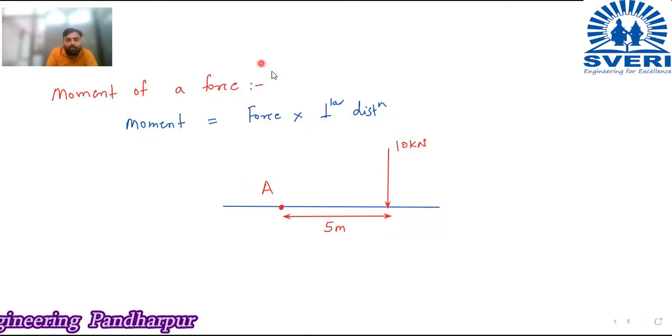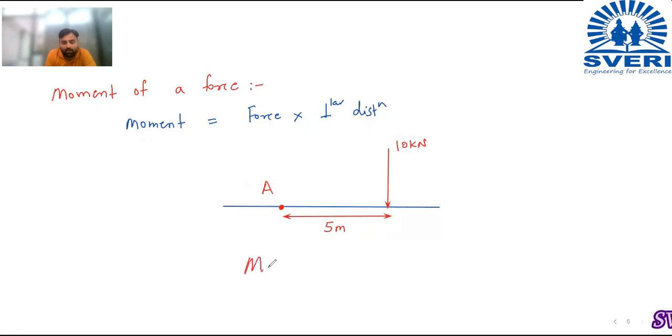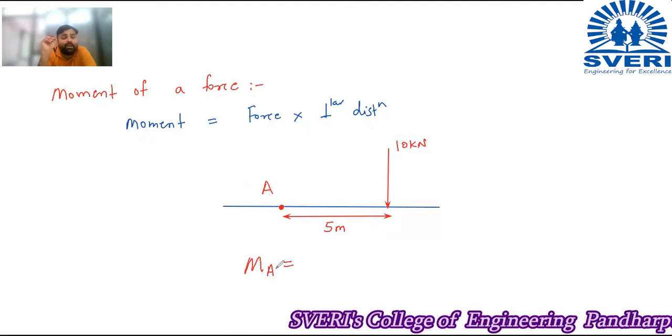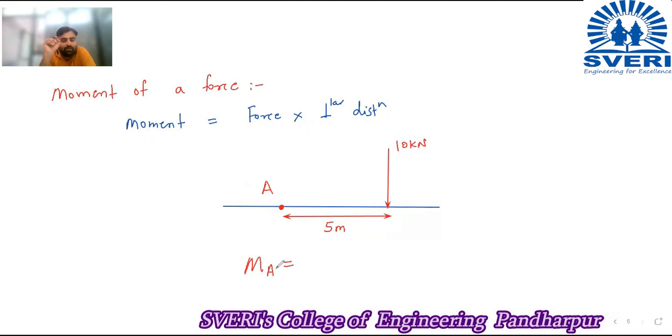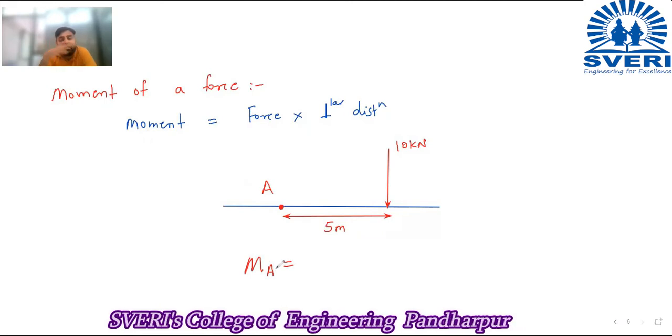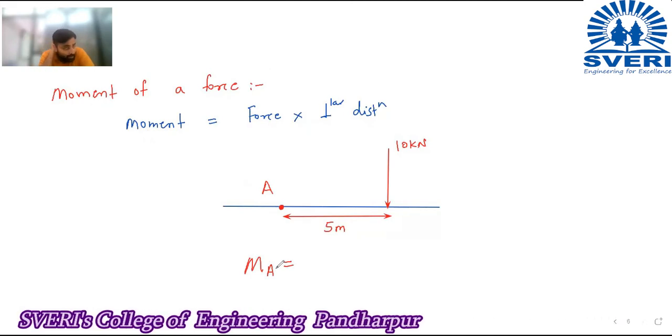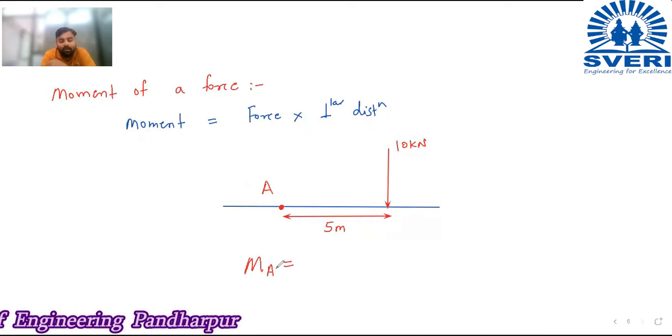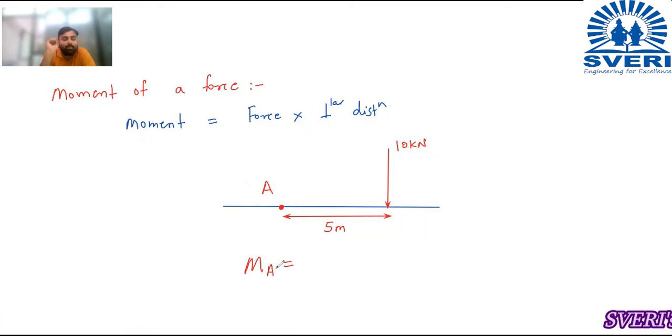I will represent it as MA, which tells me about which point I am taking the moment, because you can take the moment at n number of points. MA means moment about point A.